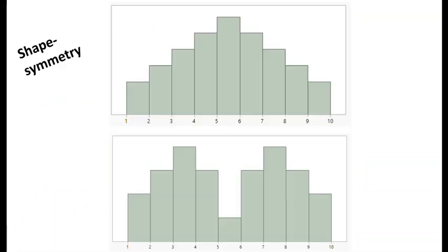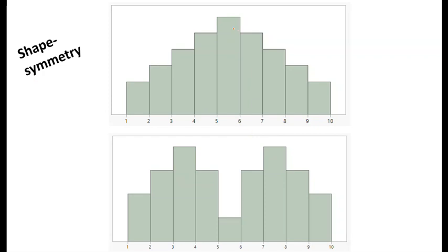The next aspect of any distribution that we want to study is the shape. All right. Now, there are multiple characteristics for the shape aspect, starting with the symmetry. The symmetry happens basically when half of the distribution is a mirror image of the other half of the distribution.